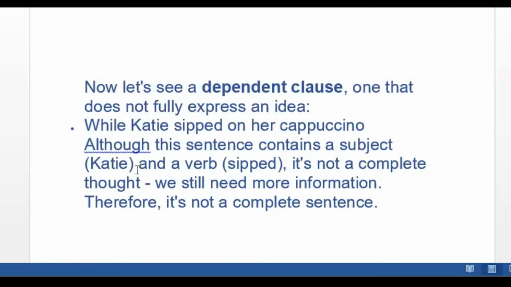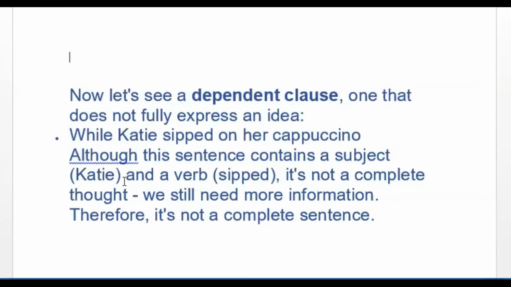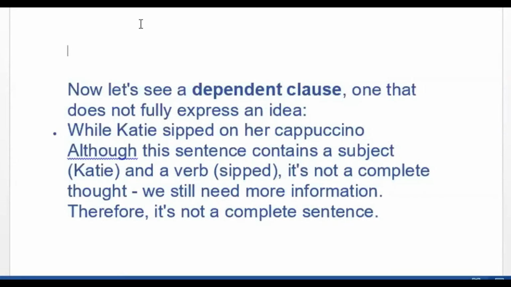We still need more information. Therefore, it's not a complete sentence. As I told you, when you have a dependent clause, you're always left with questions. While Katie sipped her cappuccino, what happened while she did that? Was she doing something else? You're left hanging, as the common term would be, right?